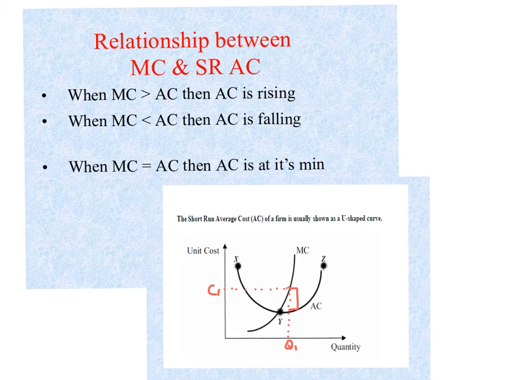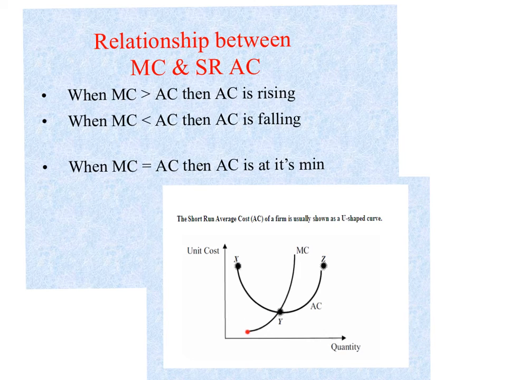As I move across here to different quantities, my average cost is beginning to increase, but also my marginal cost is increasing. So what we say is that when marginal cost is above average cost, average cost is rising. The second thing we can see is that when marginal cost is less than average cost, average cost is falling. Where is marginal cost less than average cost?